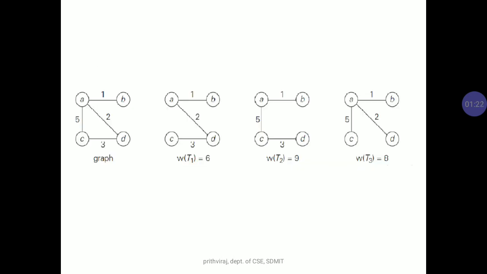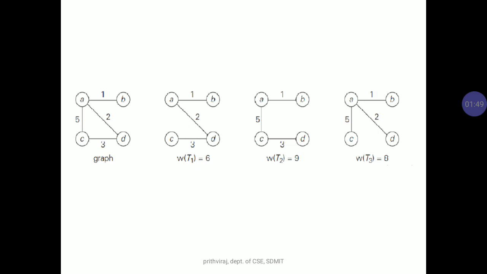In this example, the first diagram indicates the main graph, and the remaining three diagrams indicate different spanning trees. We can get three spanning trees from the main graph. In the second diagram, the weight of the spanning tree is 6.